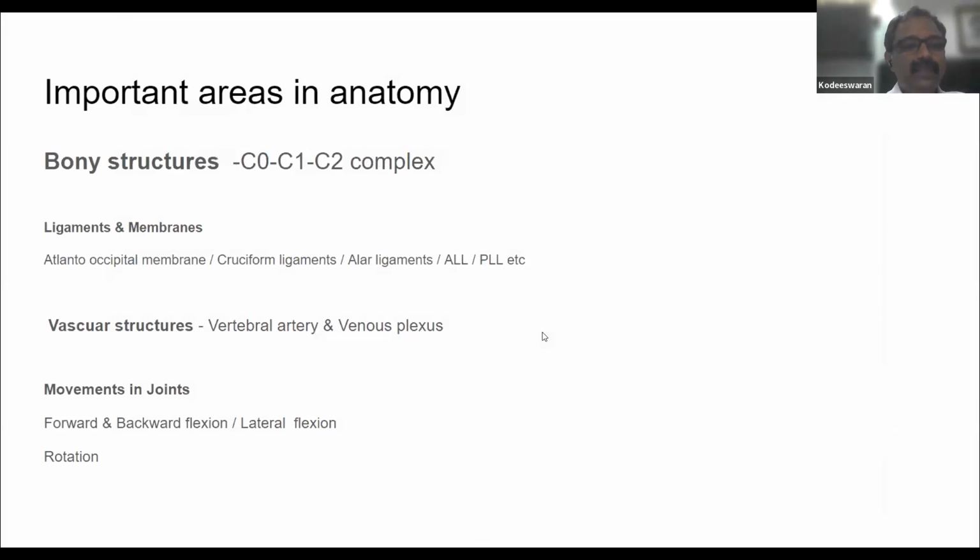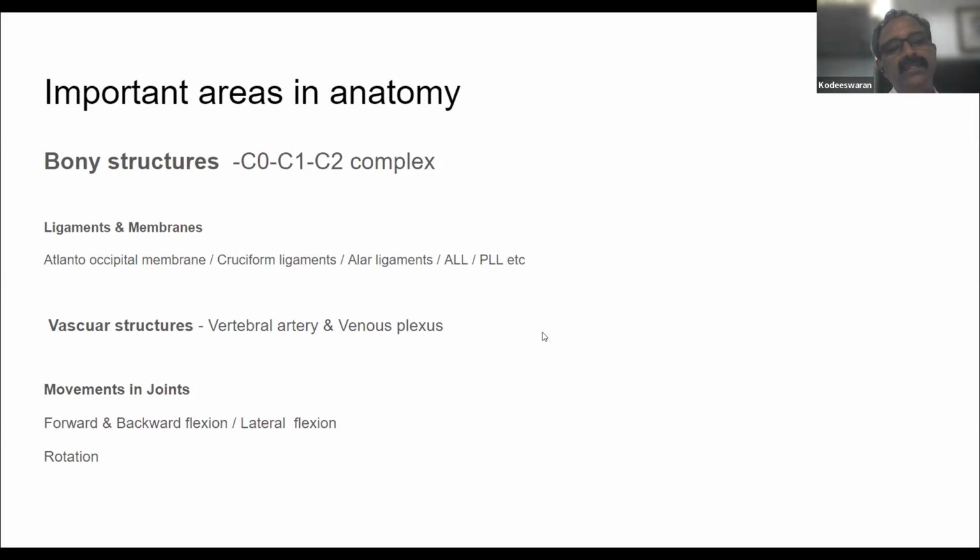The areas in anatomy are mainly the bony structures of the CV junction, the ligaments and membranes, the vascular structures, and you should also know the movements happening in the CV junction. Regarding bony structures, it is called the C1 C2 complex, that is the occipito-atlantoaxial joint.